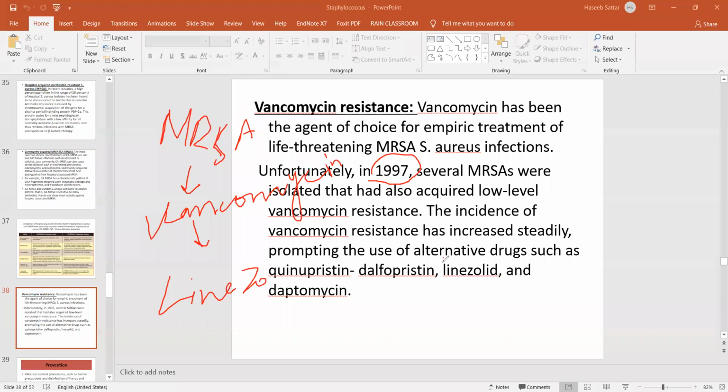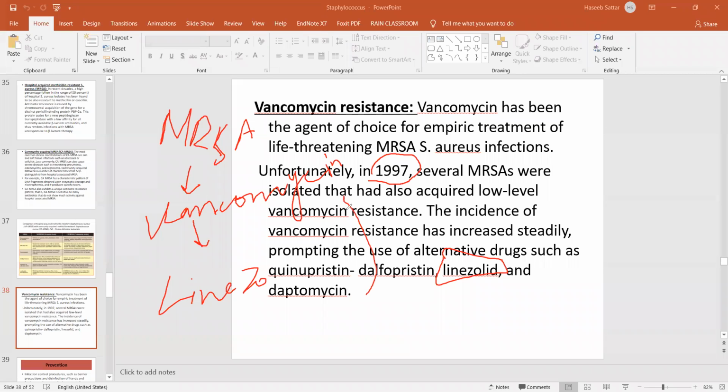But due to our use of antibiotics, now this bacteria is also resistant against linezolid, and also resistant against quinupristin and dalfopristin or daptomycin.